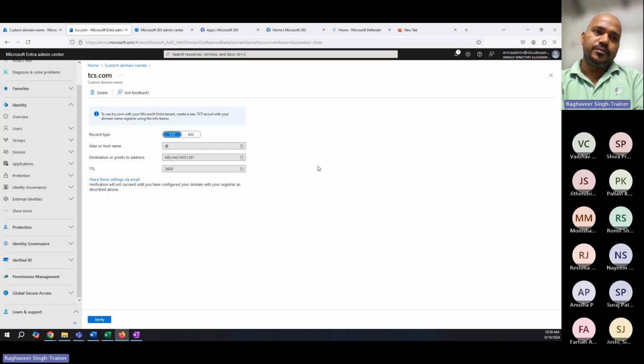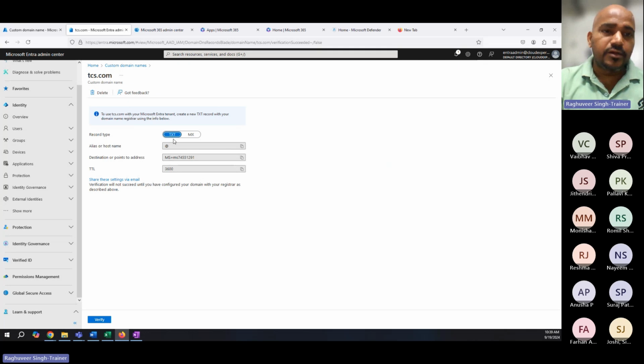How do you verify? You don't need to fill a form or put your digital signature on it. All you need to do is navigate to your domain registrar, wherever you purchased this domain from or wherever you maintain your domain records, and create this record.